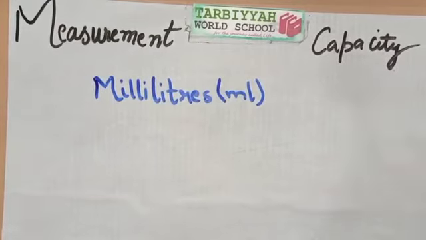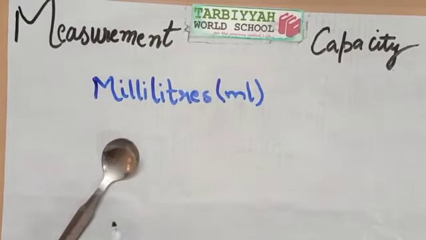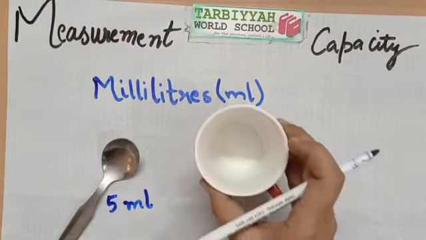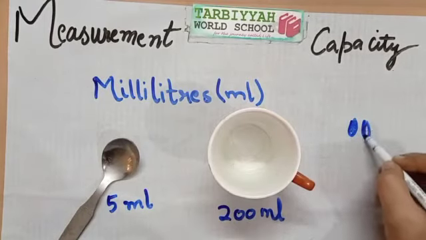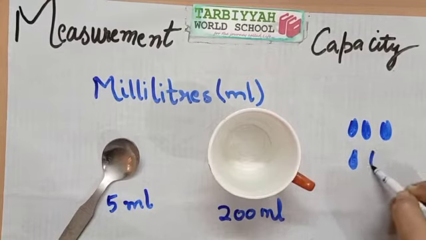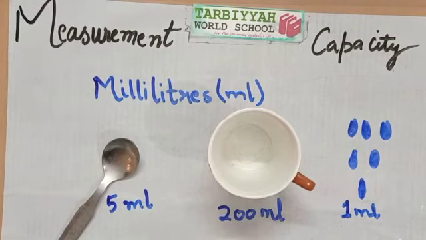For example, a spoon is about 5 milliliters, a cup is about 200 milliliters, or a raindrop is about 1 milliliter. So smaller quantities of liquids we can measure in milliliters.